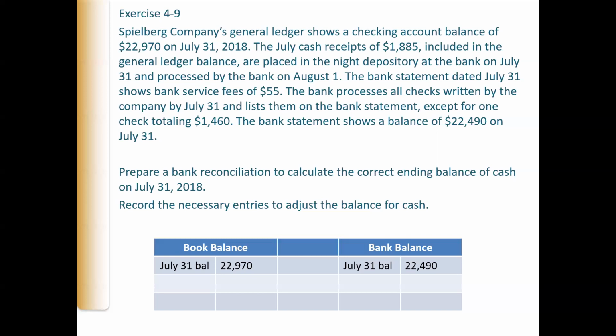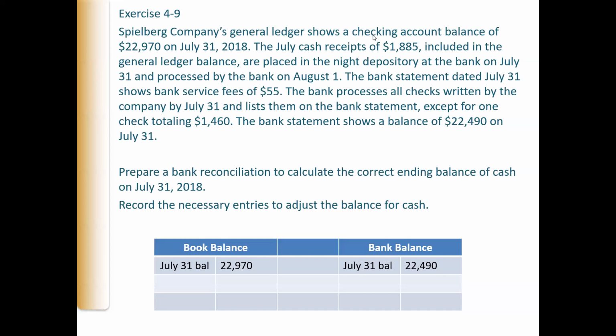So if you look at this, we show the bank balance of $22,490. We show the company's balance of $22,970. It's telling us the July cash receipts of $1,885 didn't hit the bank until August 1st.